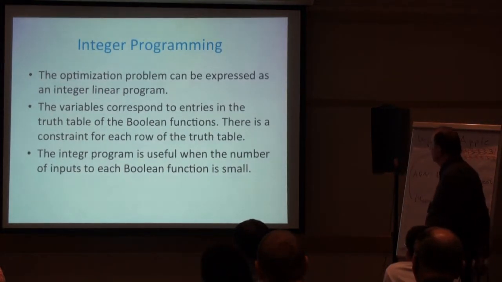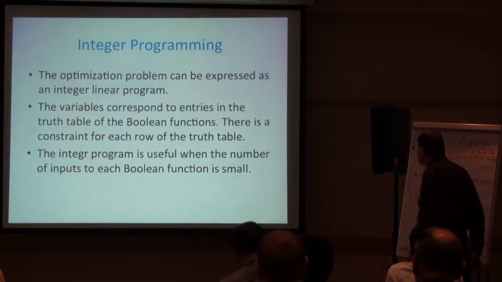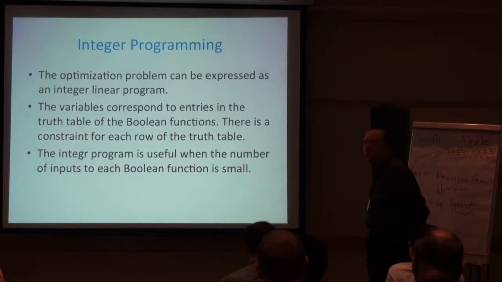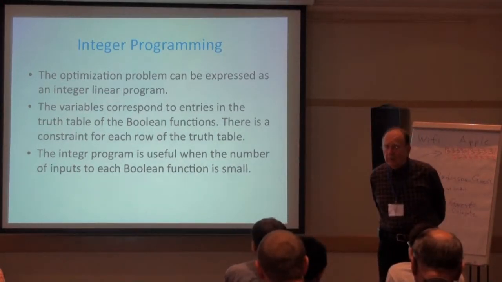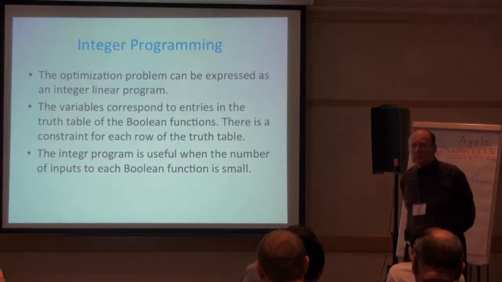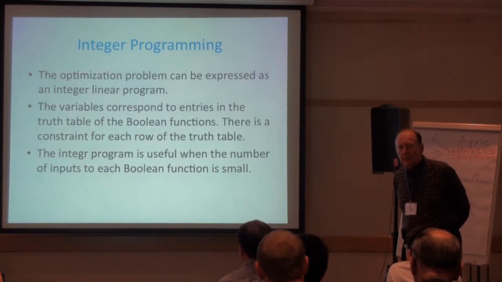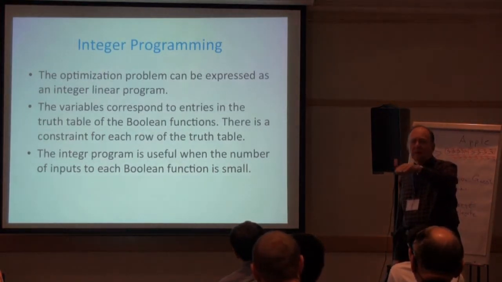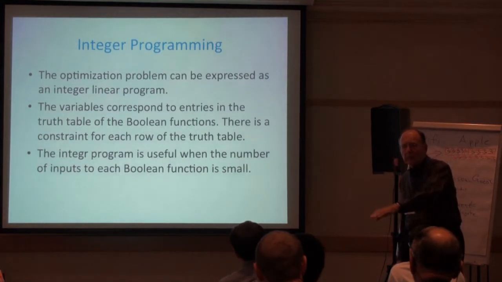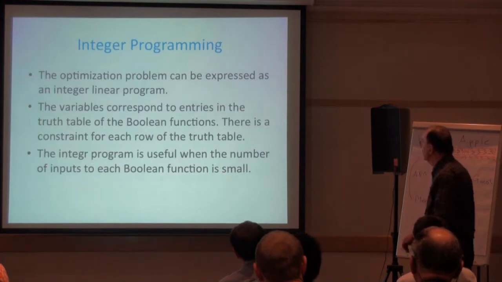And the variables of the integer program correspond to entries in the truth tables of the Boolean functions. So if you have an edge which is influenced by 4 other edges, the truth table will have 16 rows, 2 to the 4th power, and you will need 16 0-1 variables, namely the entries in the truth table, to characterize the Boolean function.